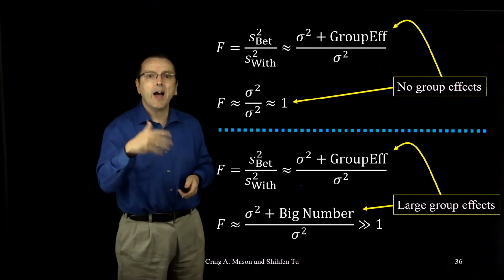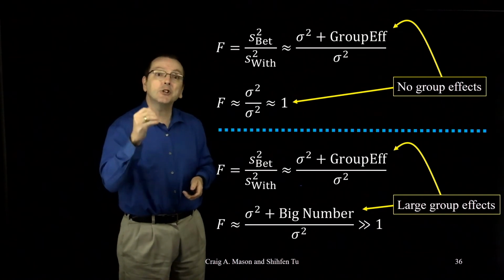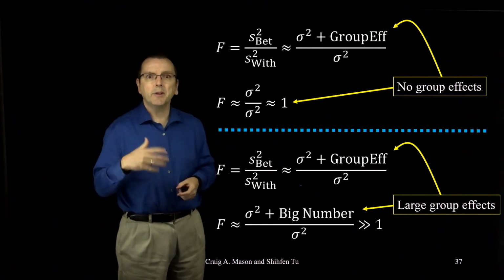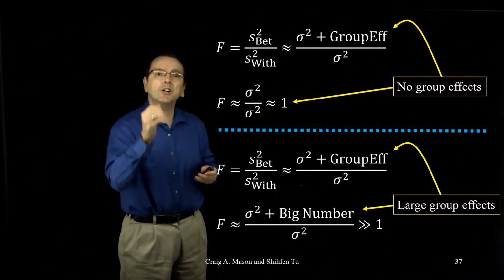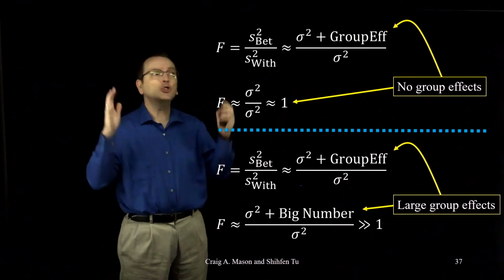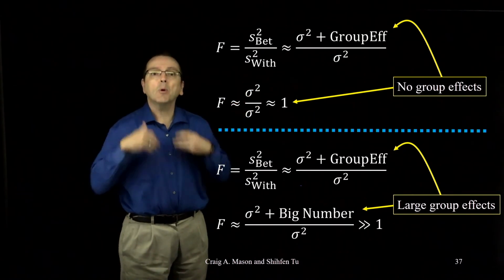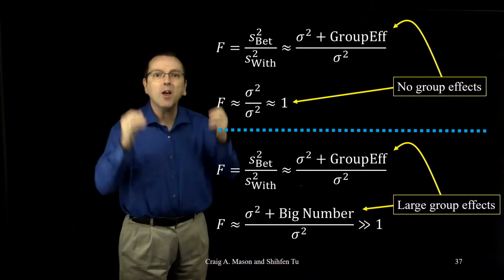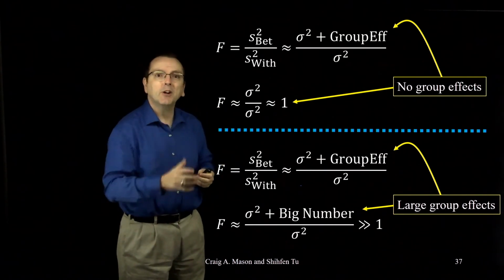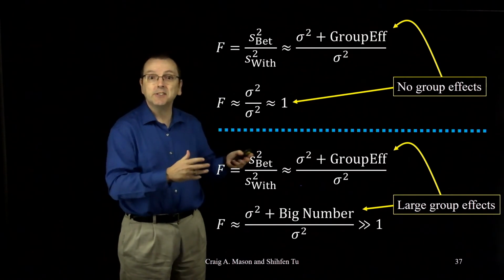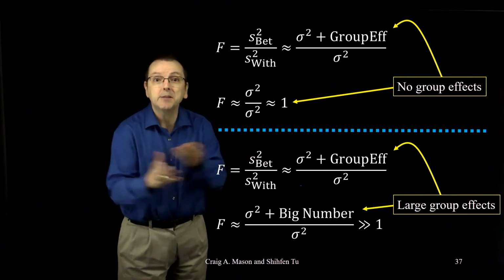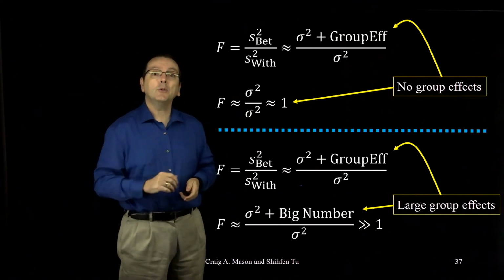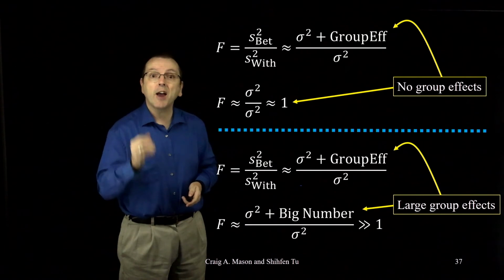The less likely it is that the population means are all equal. So, just like with t's and z's, the question comes down to whether the F is so large that we're comfortable rejecting the null. Is the effect so large that we're comfortable concluding that the group effect in our sample is just too big to be random error, and we should reject the null and conclude that the population means are not all equal?